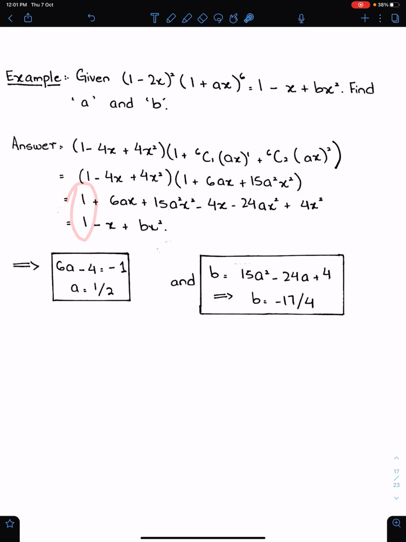So both are the same. Coefficient of x, coefficient of x. So 6a minus 4 is equal to minus 1. So a is half. 15a squared minus 24a plus 4 is equal to b. So this minus this plus this is equal to b, which is minus 17 upon 4.